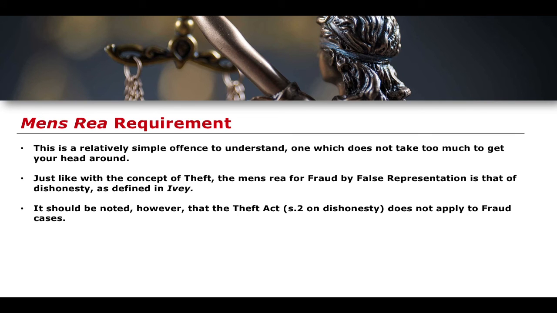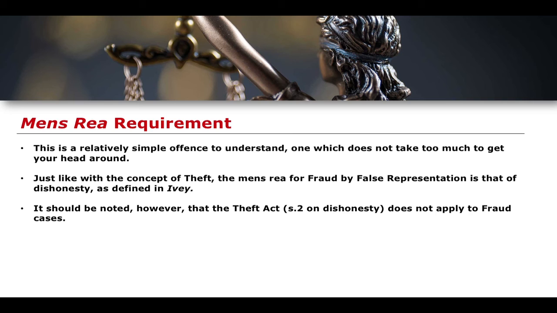And then finally, just as a quick disclaimer for mens rea, as I've noted here, Section 2 of the 1968 Theft Act, as we remember from previous lessons, fundamentally just defines what is meant by dishonesty as part of the remit of the Theft Act. That definition of dishonesty in the Theft Act does not apply to fraud cases.